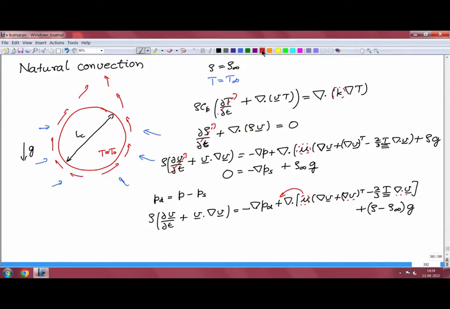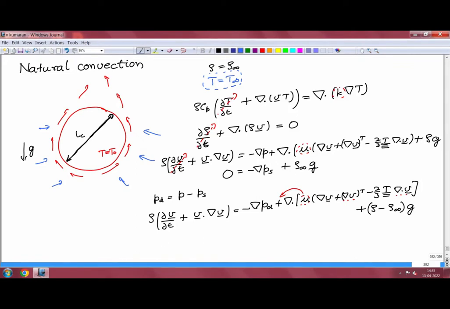So, the configuration was an object of characteristic dimension Lc in a fluid with temperature T infinity and density rho infinity far away. The temperature at the surface of the object was T0, and we wanted to find the rate of natural convection.